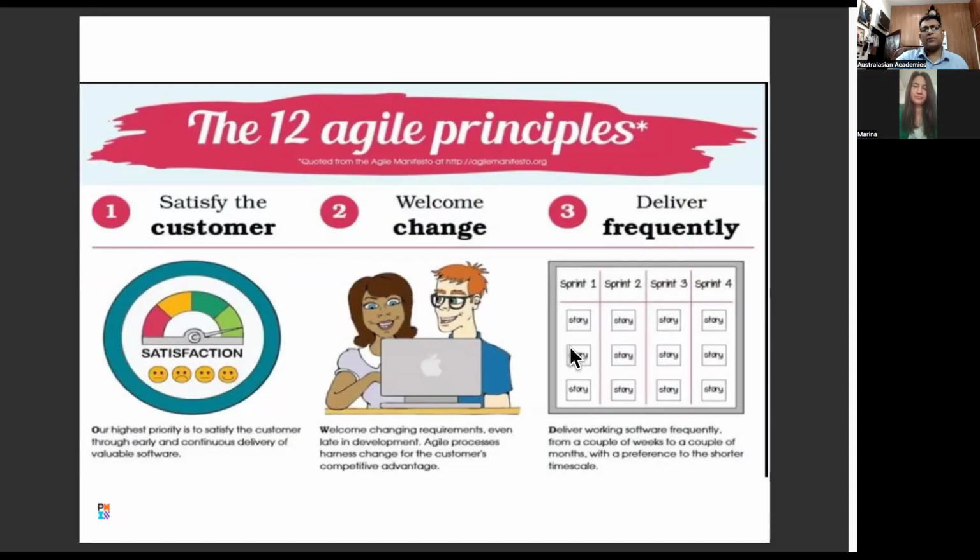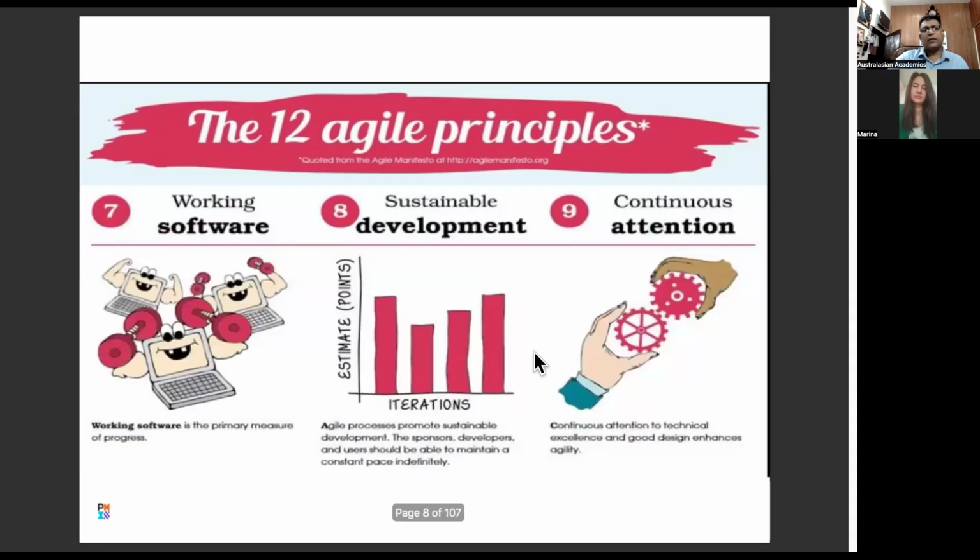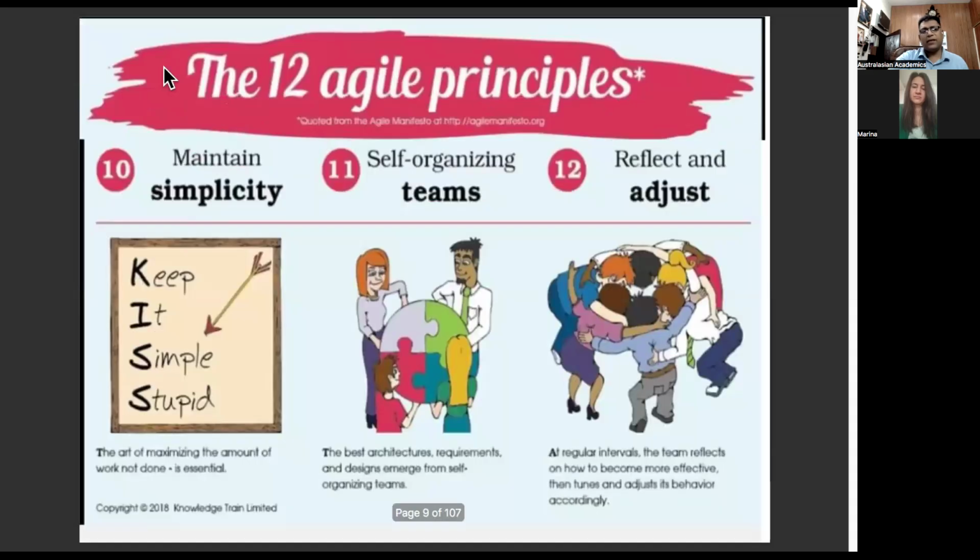Satisfy the customer, welcome change, deliver frequently, work together as a team, trust and support, face-to-face conversation, and working software again, things that actually work. You're doing something that actually functions. Sustainable development, continuous attention, typical MBA stuff.